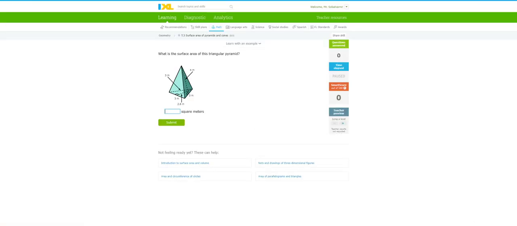As far as the IXL that you have to do, it's plain and simple. What is the surface area of the triangular prism? So you use the formula, okay, that you have. And in that case, notice the base. The base is a triangle, okay? So you got to use that as the base.